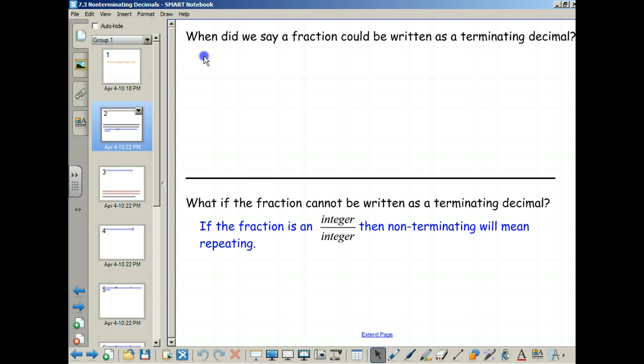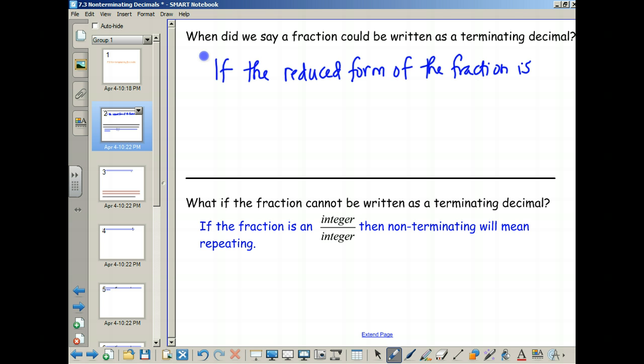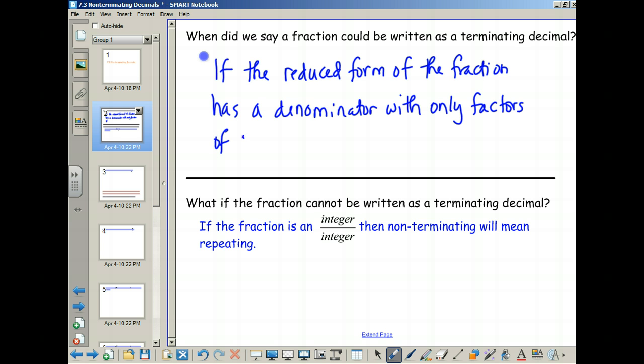This happened if the reduced or simplified form of the fraction has a denominator with only factors of 2 and/or 5.